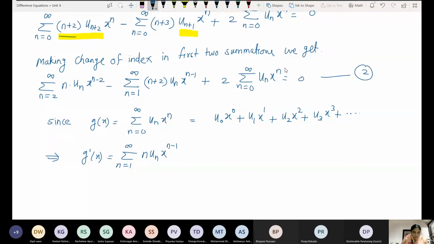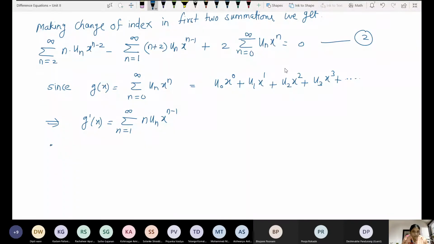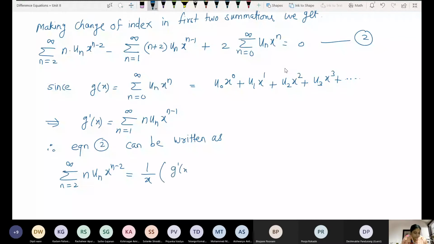Therefore, equation 2 can be written as, how can I write, summation n equal to 2 to infinity n un x raised to n minus 2 is equal to, I can write, you can see, 1 by x g dash of x minus u1.